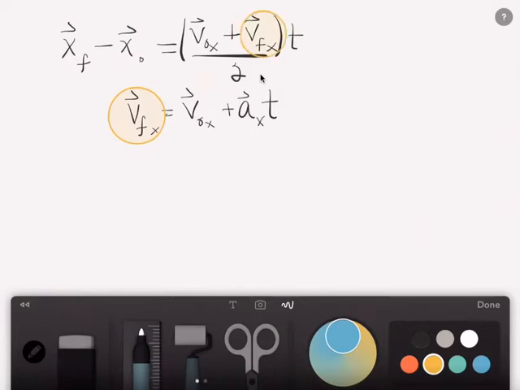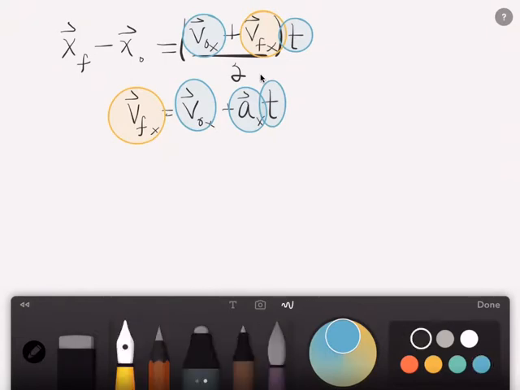Because we know our initial velocity, we know our acceleration, and we know our time. Okay? So I could say that for all of them, but you know that this is still just the same initial velocity, and this is the same time. Okay? So let's go ahead and do that substitution.